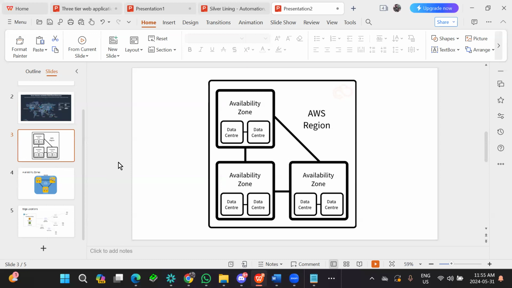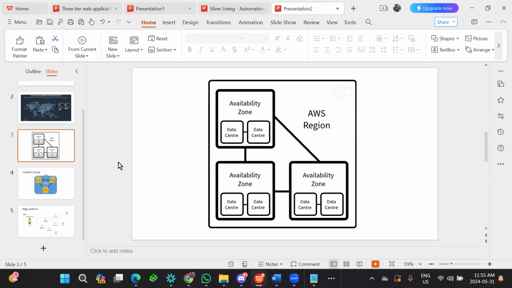Another reason could be operational efficiency. AWS can perform maintenance and updates in one availability zone without necessarily affecting the entire region, ensuring that customers experience minimal disruption.